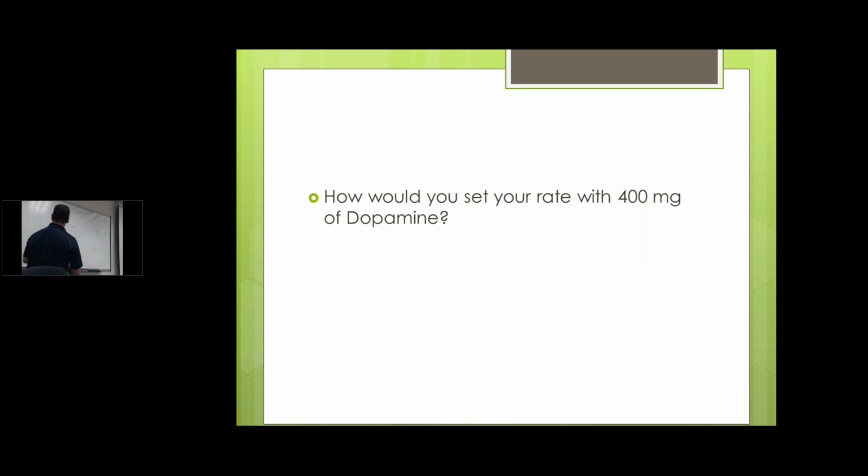So now what happens to our drip rate if we set this to 400 milligrams instead of 200? What do you think? Are you sure?